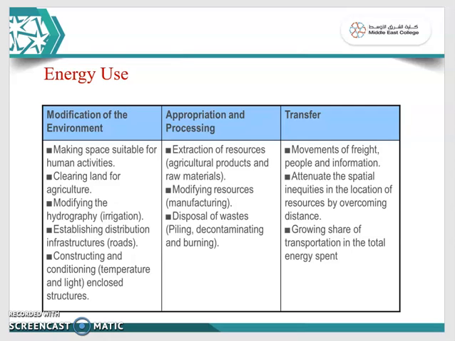Appropriation and processing: extraction of resources, modifying resources, disposal of wastes. Coming to transfer: movements of freight, people and information, attenuating the spatial inequalities in the location of resources by overcoming distance, and the growing share of transportation in the energy spent. These are the various uses of energy.